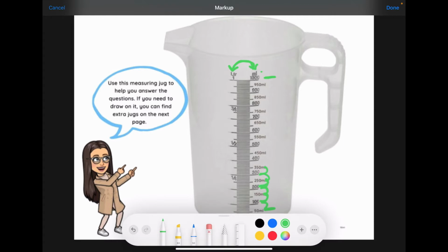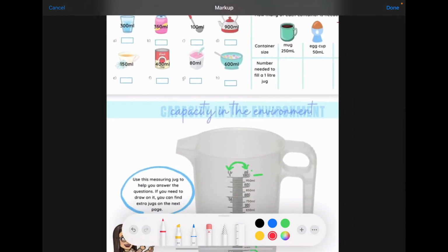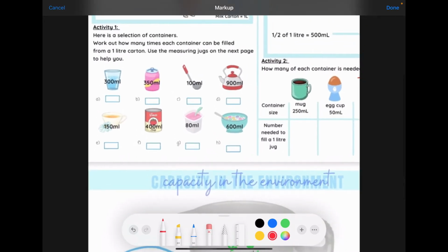Yes, if you said that each of these increments is increasing by 50 mils every time, you are correct. So we can see that it goes from 50 to 100, and in between these little gaps, that's 50 mils each time.